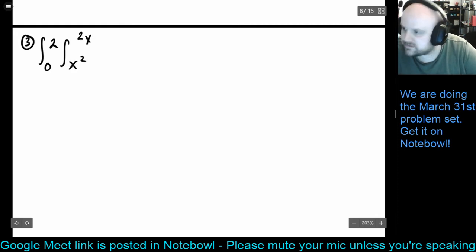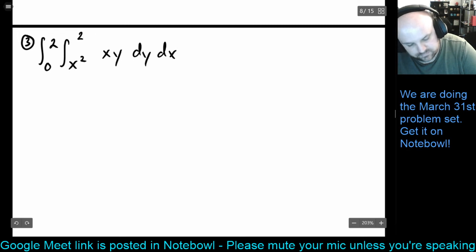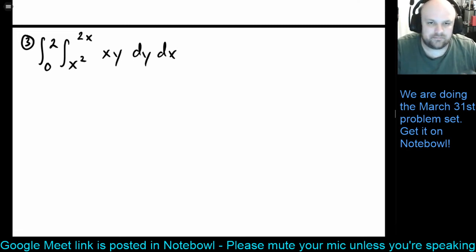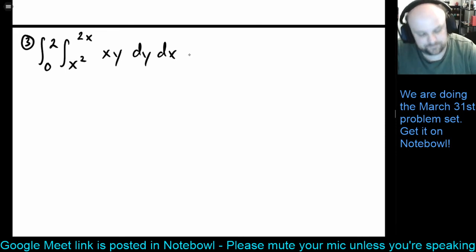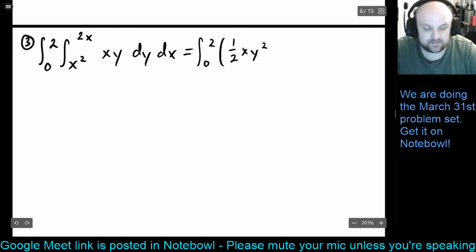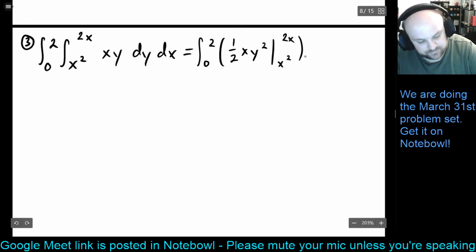Oops, 2x of xy dy dx. Right. So for this one here, again, just usual business. Integrate xy with respect to y. So 1/2 x y squared. We're evaluating this from x squared to 2x.